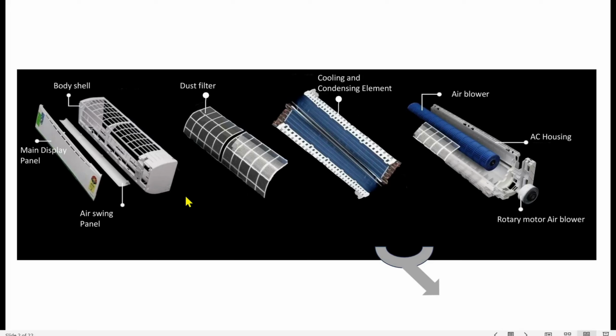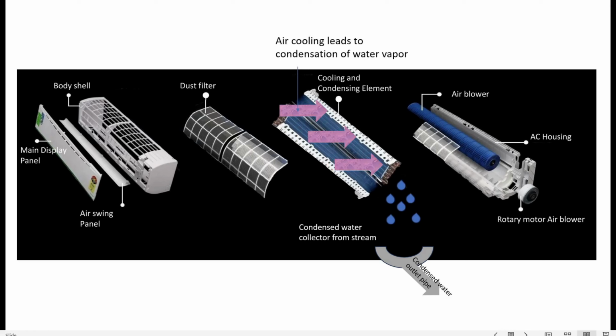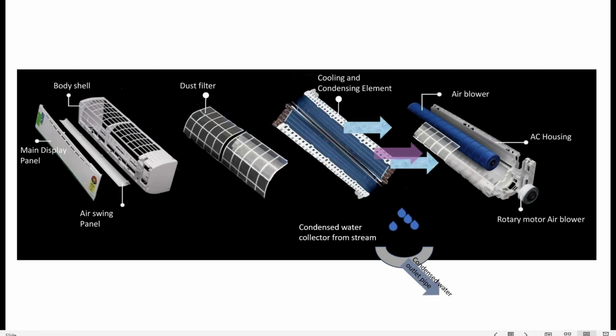Let's see now what's happening inside the interior unit. The indoor hot air loaded with water vapor enters the indoor unit and reaches the cooling and condensing element, where air cooling leads to condensation of water vapor.